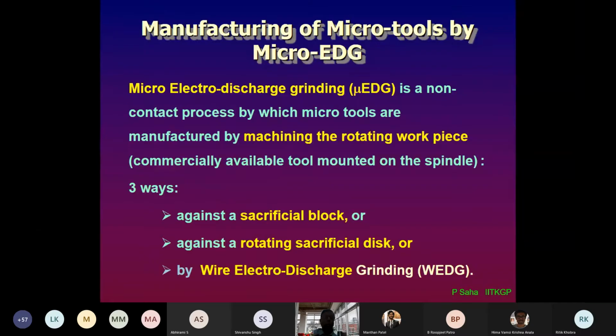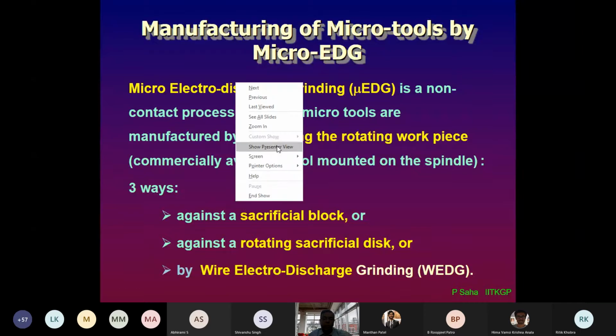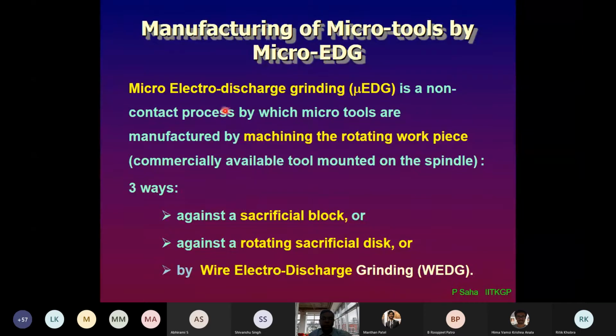Now I'll start talking about the manufacturing of micro tools by a process which is also an EDM process, called micro EDG. What is micro EDG? It is micro electro discharge grinding.